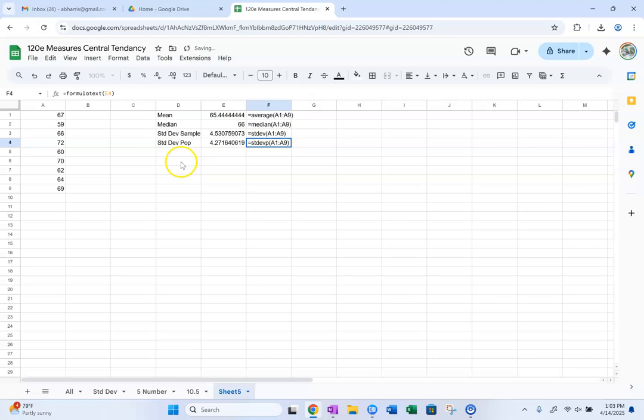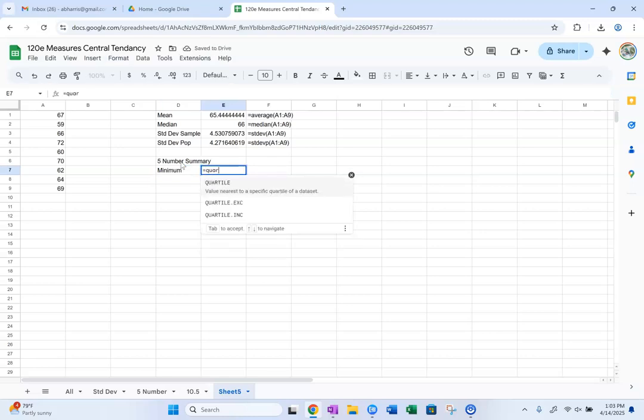And there's my formula. All right, now let's finally do our 5-number summary. The first one we want is our minimum. I know that's kind of easy to see, but if you're not sure, you just say equals QUARTILE of those A1 to A9 data, but it's quartile 0, so you put a comma 0 on that.